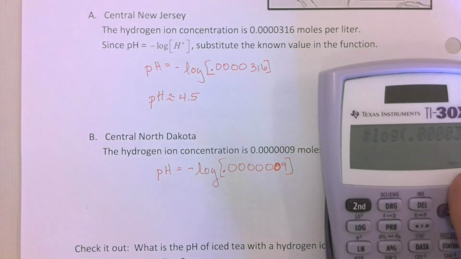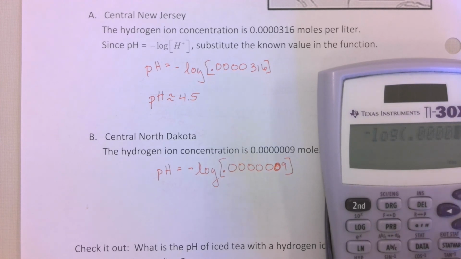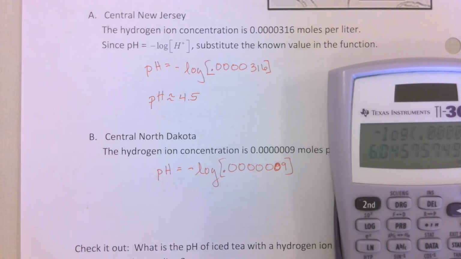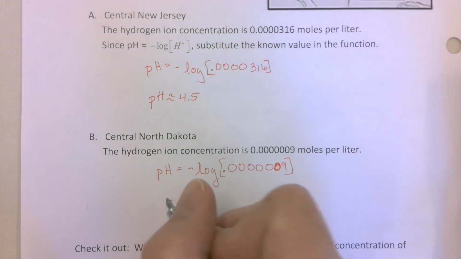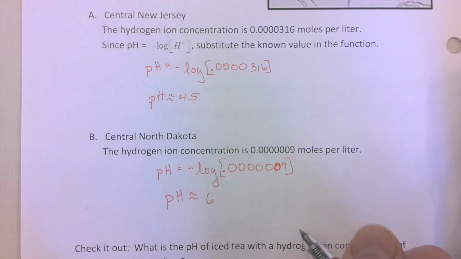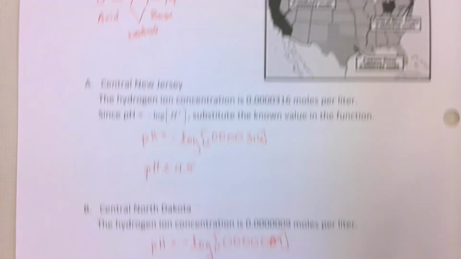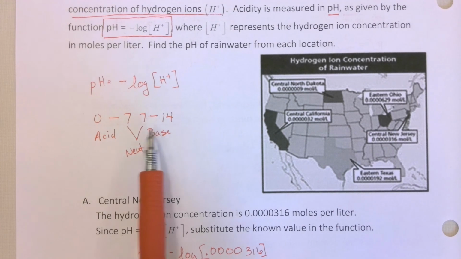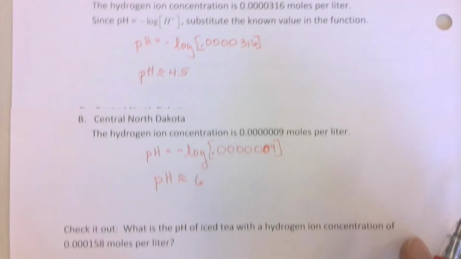And we're just going to type that into our calculator. So 4, 5, 6, and a 9. Close my parentheses. And I get 6.04. So rounding to the nearest tenth, I'm going to say that the pH level is approximately 6. So in central North Dakota, a pH level of 6 is closer to a base than in central New Jersey.